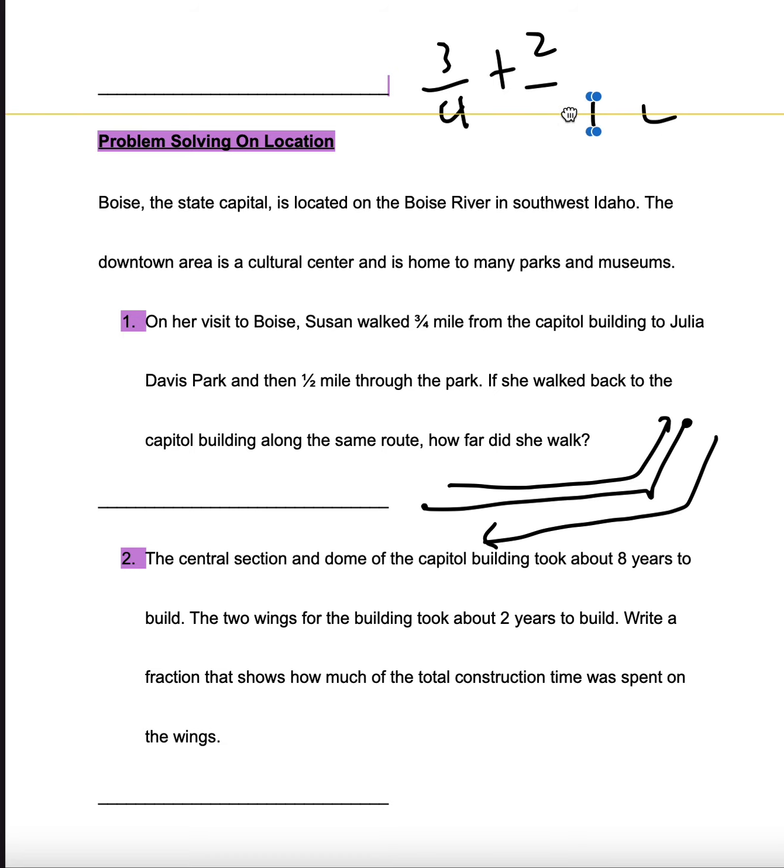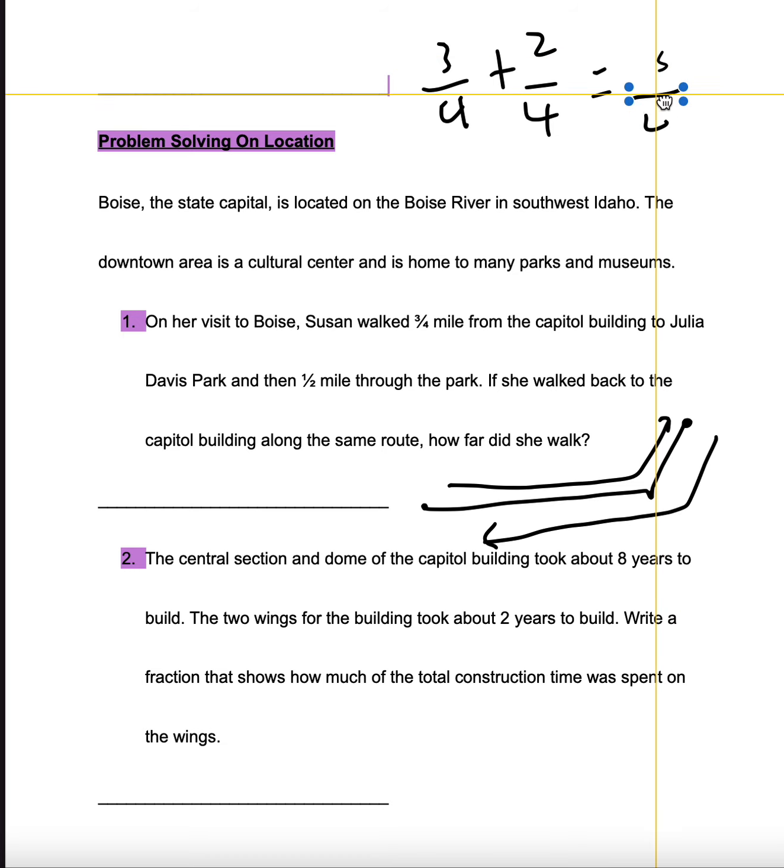And if we add three-fourths plus 2/4, that gives us 5/4. And we're going to multiply this by 2.